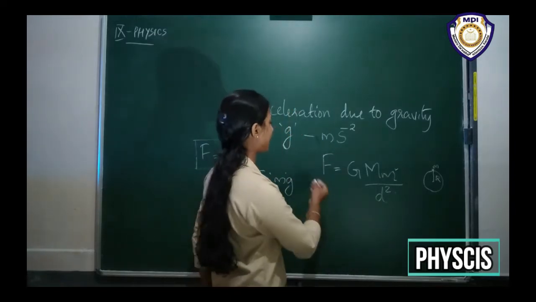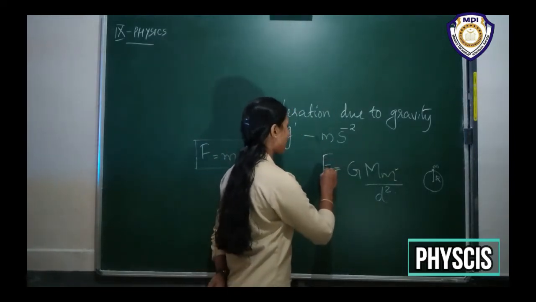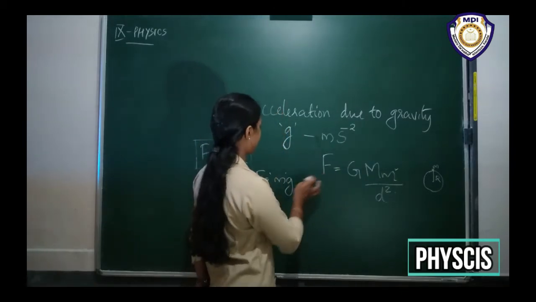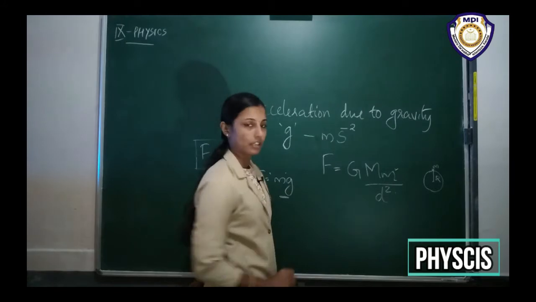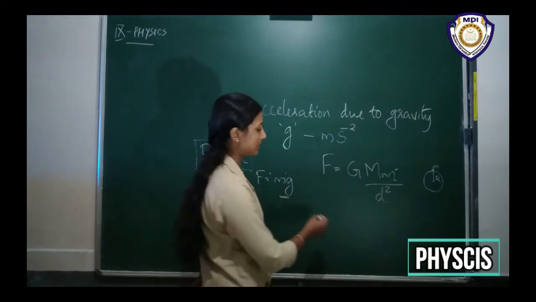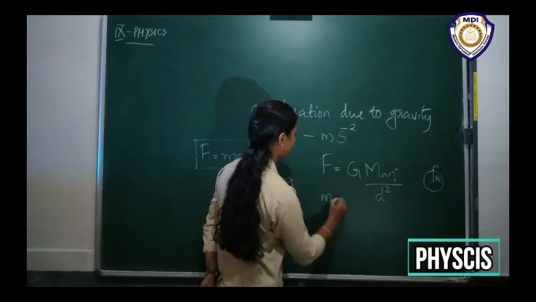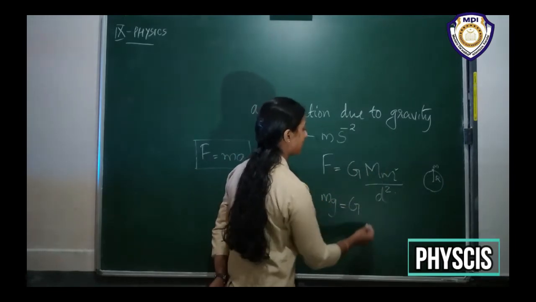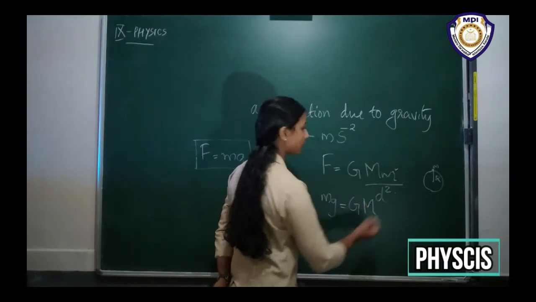So we can replace this F, the gravitational force, by this mg, right? From these two equations, we can equate them, that is mg equal to what? G into M, where M is the mass of Earth, right?